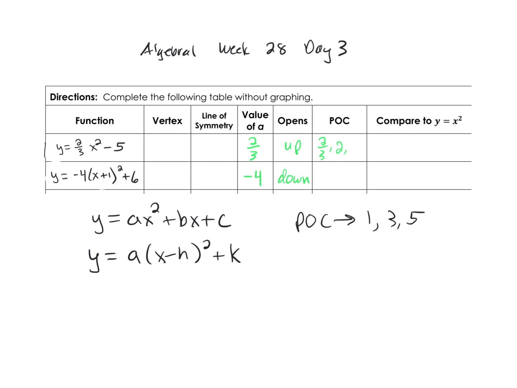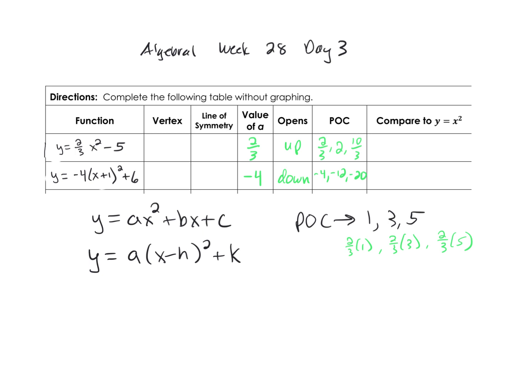And then we need to take 5 times 2/3, which would be 10/3. So I'm taking 2/3 times 1, 2/3 times 3, and 2/3 times 5 to get these numbers. For the second one, I'm multiplying times -4. So 1 times -4, 3 times -4, and 5 times -4.